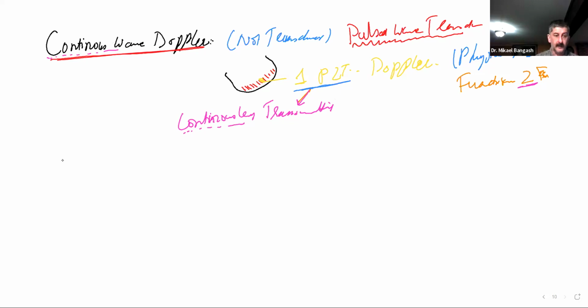Whereas on the other hand, this one PCT, which physically was one but functionally is divided into two components, will also continuously receive.